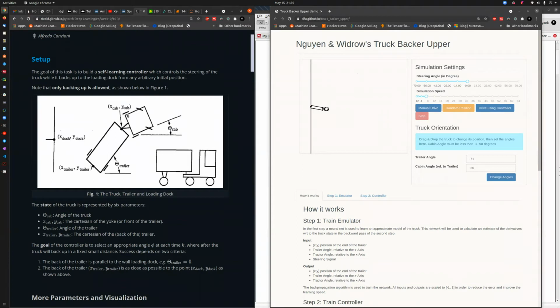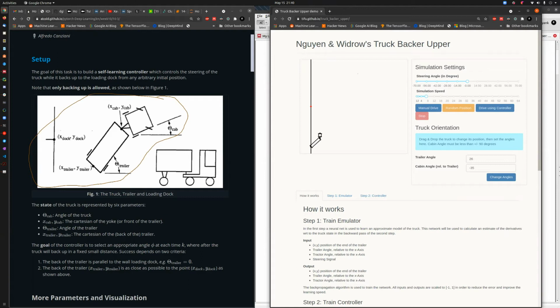So this is from an upper presentation. Let me try to rotate it. Yeah, this is the view from the upper point. These are the positions here: the x cab, y cab, x dock, y dock, x trailer, y trailer points.